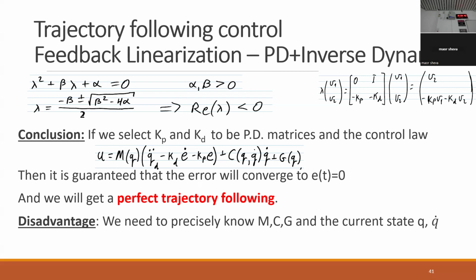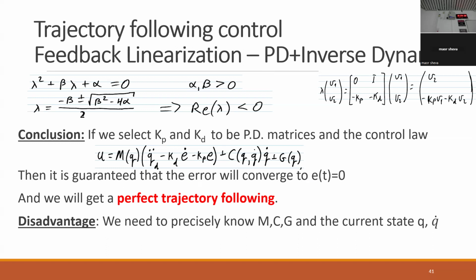Then for this input, this control law, it's guaranteed that the error will converge to E equals 0, because it's a stable state of the error dynamical system.